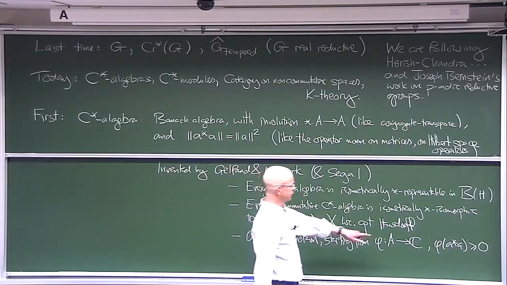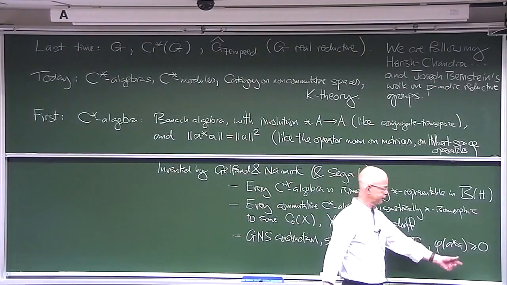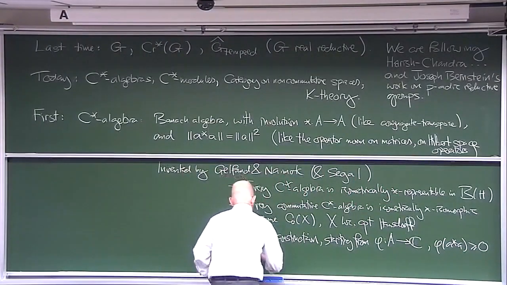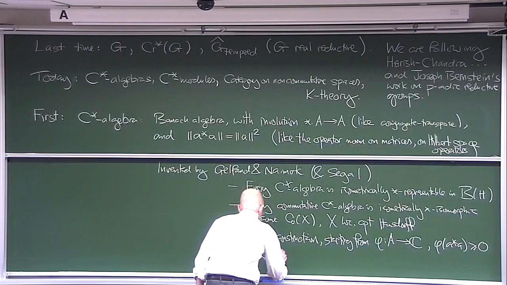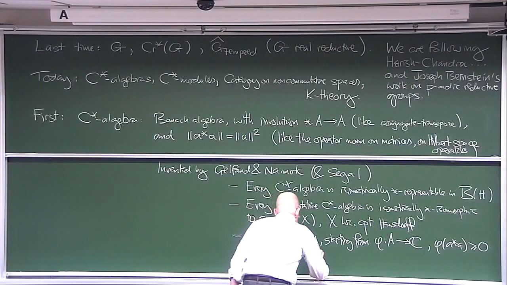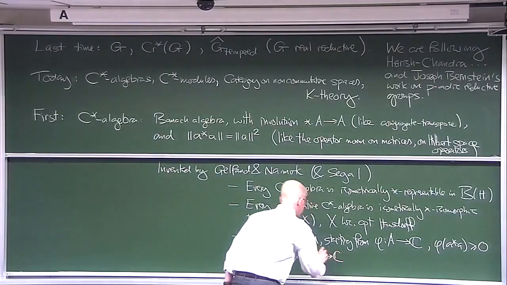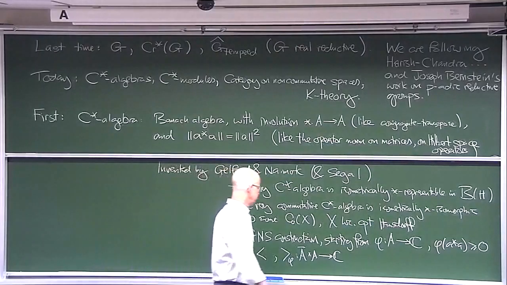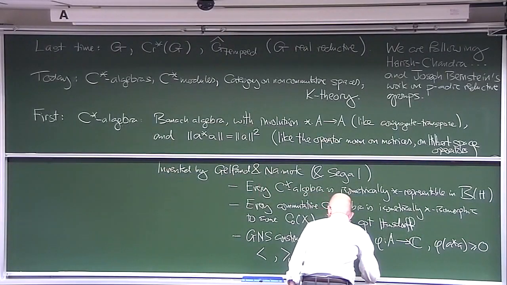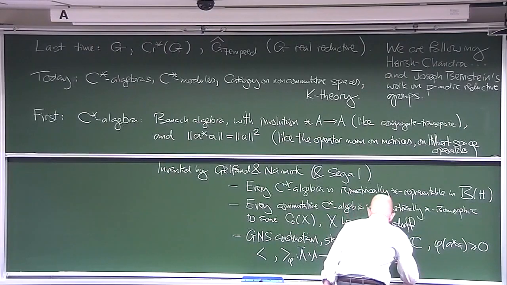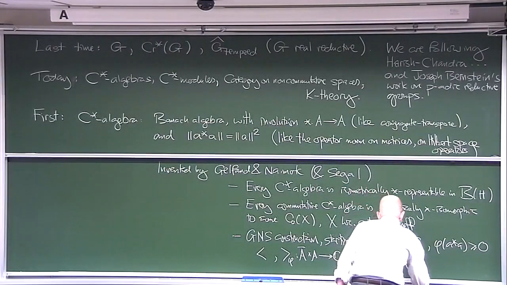So if you have a linear functional which sends positive semi-definite objects to non-negative numbers, then you can build a sesquilinear form on A, just by using phi.